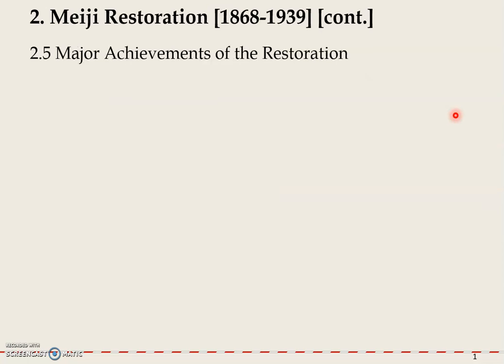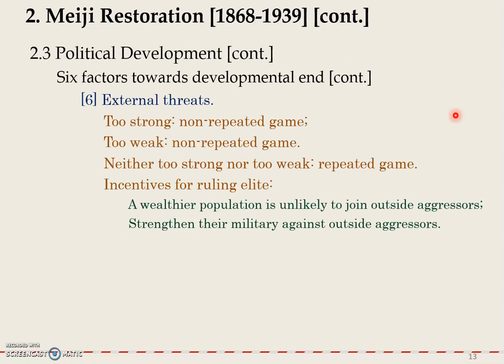All right, so we already wrap up our discussion about these 6 factors that could lead towards the developmental end. Now here, as I said in the previous video, I want to emphasize again that for each of these factors, you're supposed to come up with a policy, or something that the Meiji government did during the restoration, and then make your own judgment.